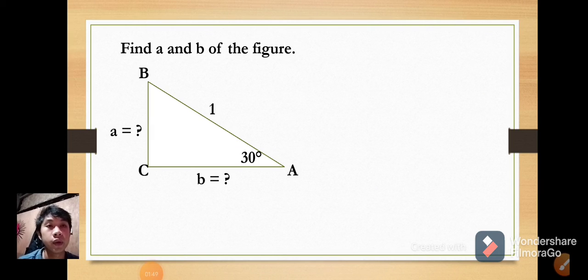Find A and B of the figure. So we will find the missing sides, which are the side of the opposite and side of the adjacent. So let's find A first. We will use the formula sine is equal to opposite over hypotenuse.